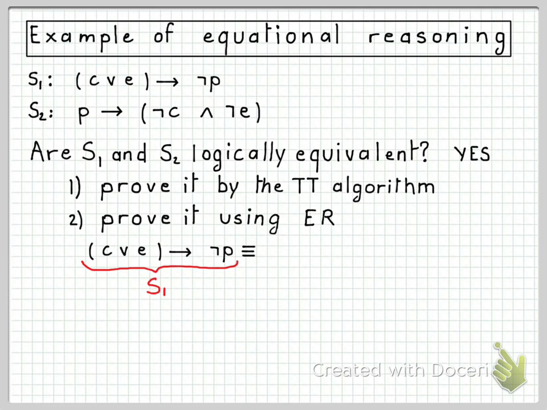Well, we get the negation of where we started from as the premise of the conditional, that is not P, and then the conclusion of the new conditional here is also the negation of the premise that we started with. And again, don't forget to justify every step in your equational reasoning with a justification for every substitution.